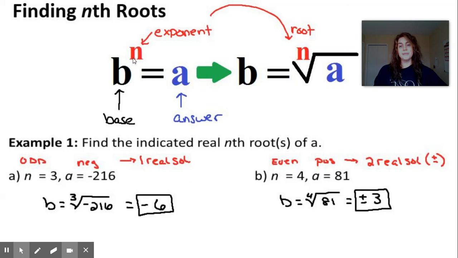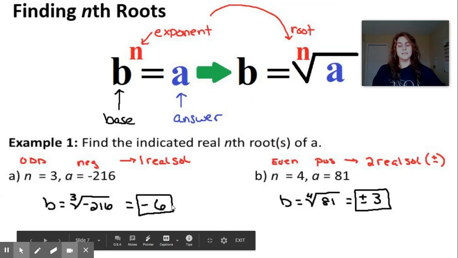So if I have b to the n equals a, and I want to find what b equals, I'm going to take the nth root of your a value, and that's going to get me my b. Vice versa, if I want to find a, I can raise this to the n power to get b to the n. Just like when we had the square root of a, we squared it to get rid of those square roots, right?